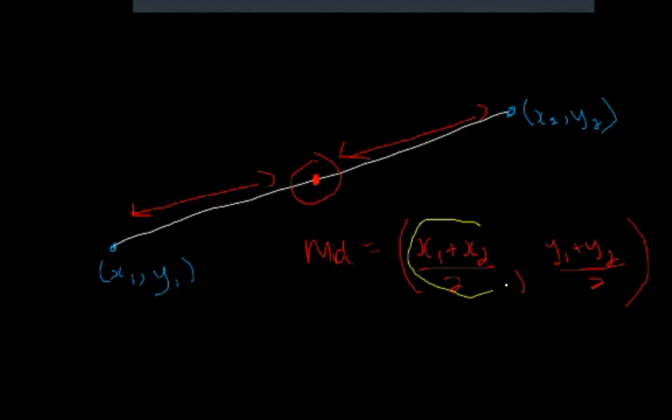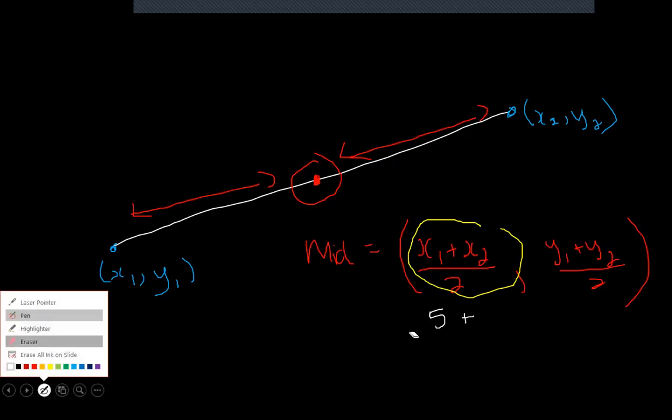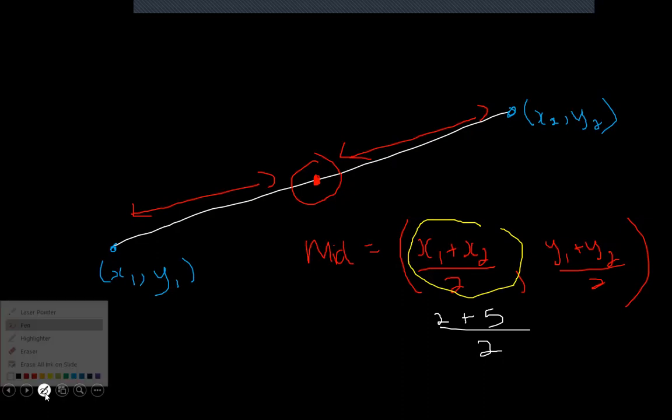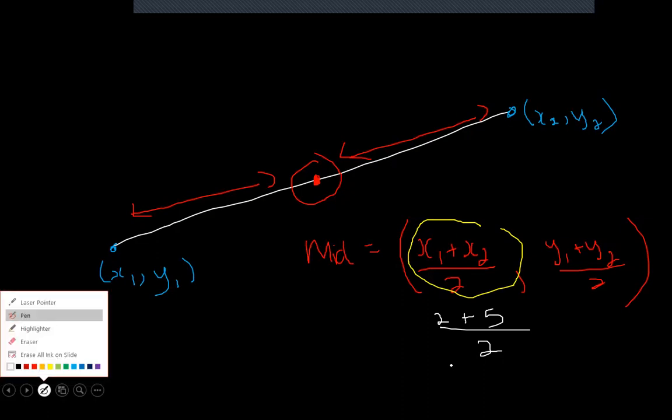This here, whatever value I get. So say x1 was 2 and x2 was 5. 5 plus 2 is 7.